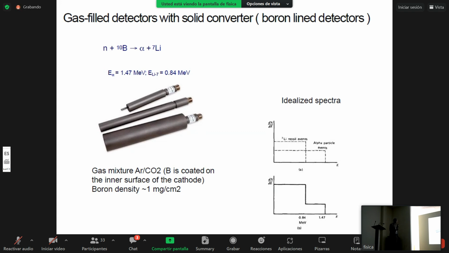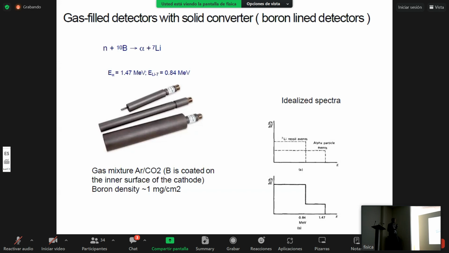But in this case, there is a high chance, and it always happens, that your alpha particle or lithium ion moves in the opposite direction, and one of these particles will be absorbed in the wall, and you will get no signal.